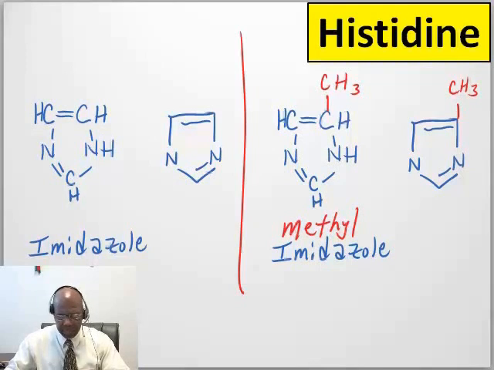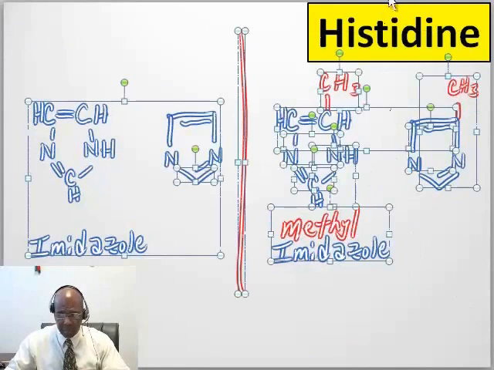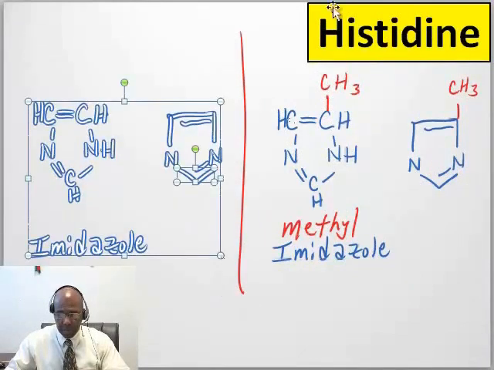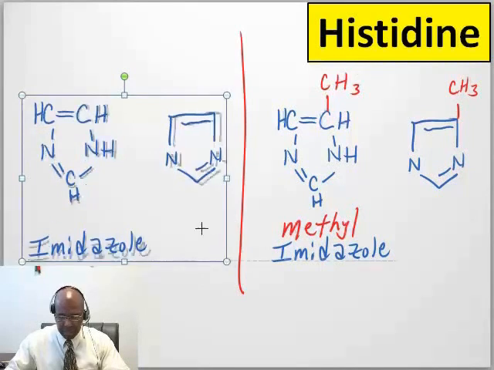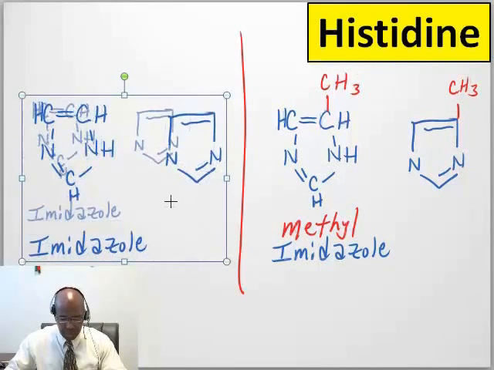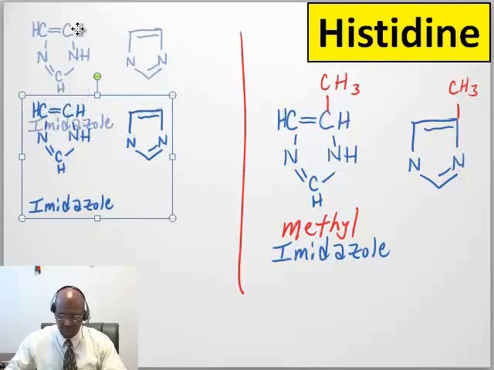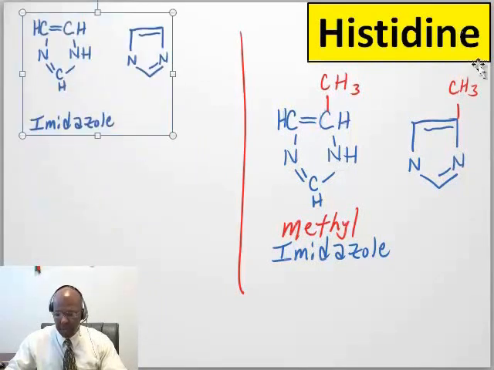Histidine. And so there's a lot here. So we kind of need to make all of this smaller, because all of this is like in our way. So what I'm going to do, I'm going to grab this here. Let's make sure that's grouped. I'm going to group all of this, and I'm going to make it smaller. This is imidazole, which we don't really need anyway, because it doesn't help us.